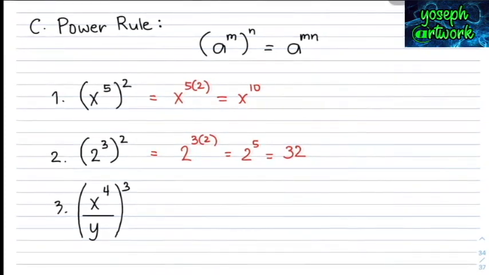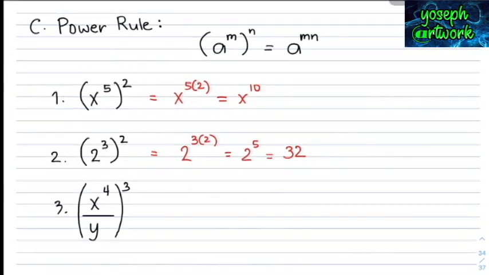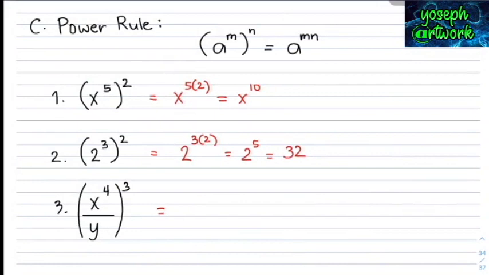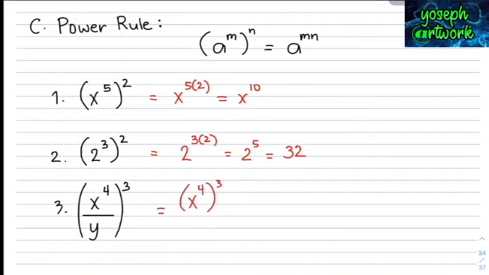Now, for item number 3, we have x raised to 4 over y raised to 3. How do we simplify this kind of expression using the power rule? Ginagawa natin dito is that you need to use this kind of expression. Expand lang natin. This will become x raised to 4 raised to 3 over your y raised to 3.